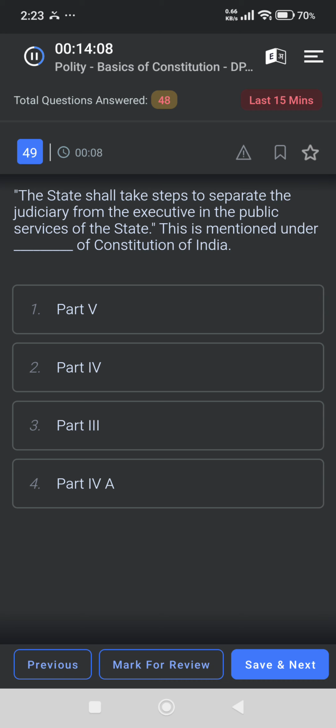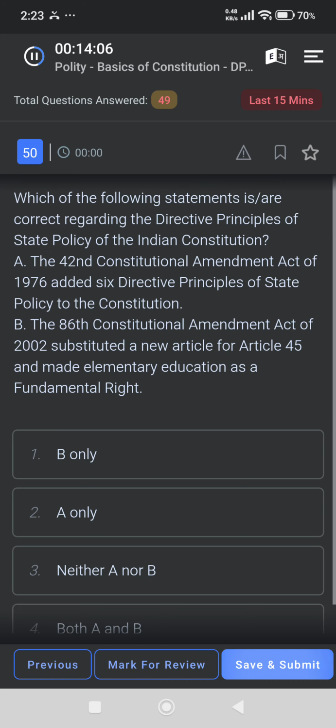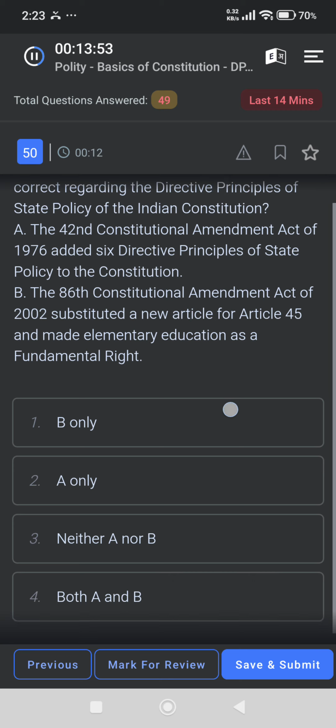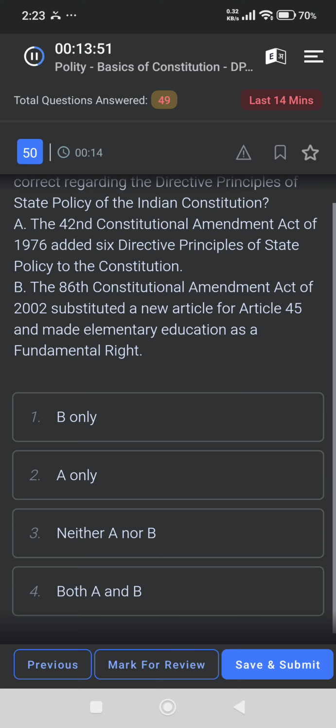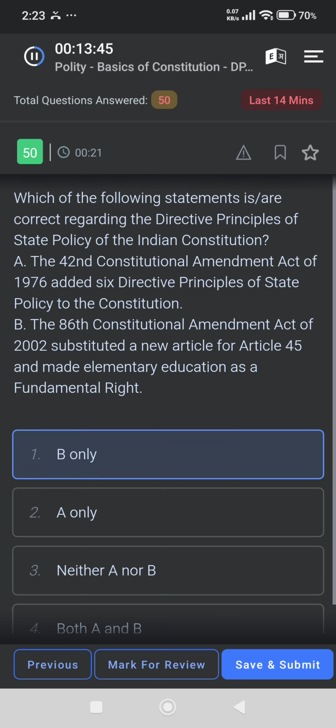This is mentioned under Part 4. The 42nd Constitutional Amendment Act added 6 directive principles of state policy. No, the 86th Constitutional Amendment Act substituted a new article for Article 45 and made elementary education a fundamental right. Yes, B is true.